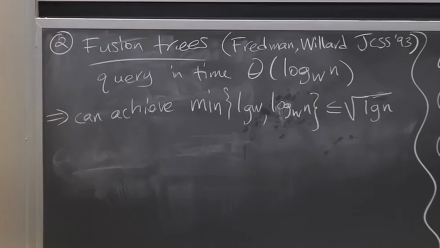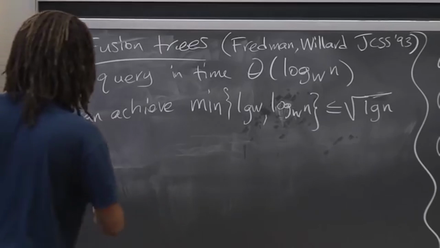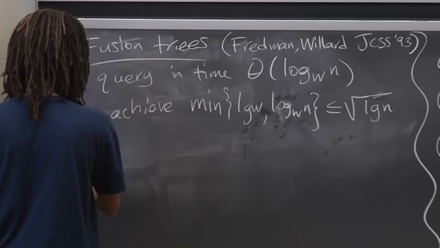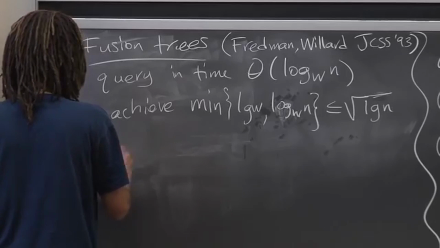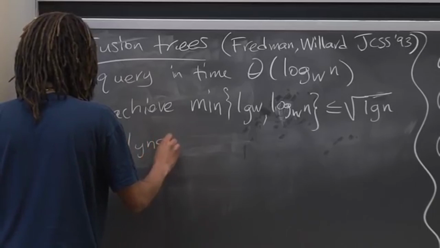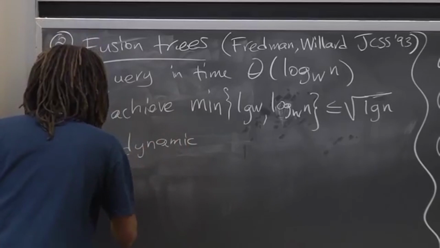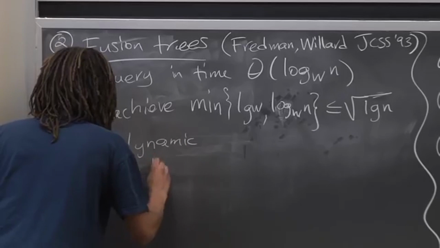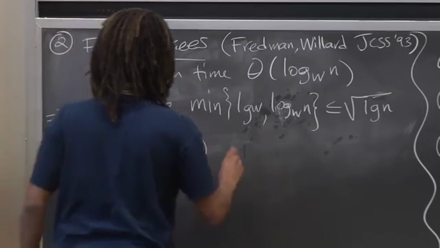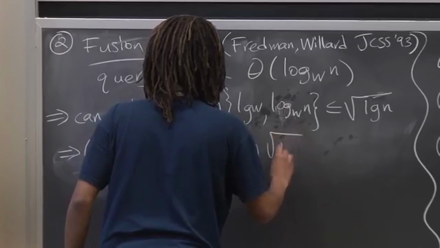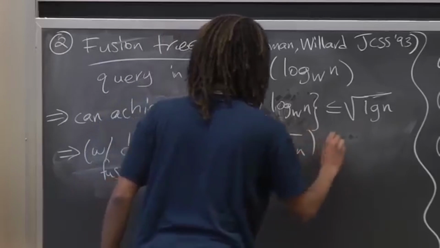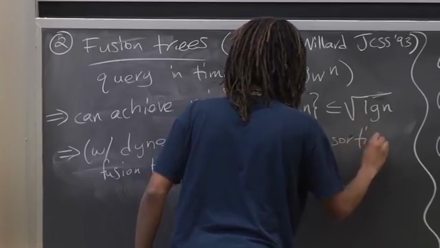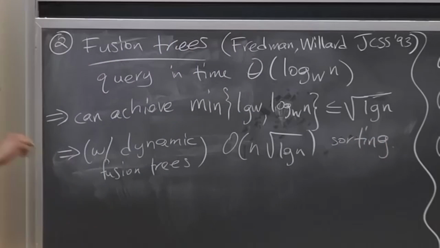Things that I won't cover in this class: this implies, with dynamic fusion trees, O of n root log n sorting. Question?